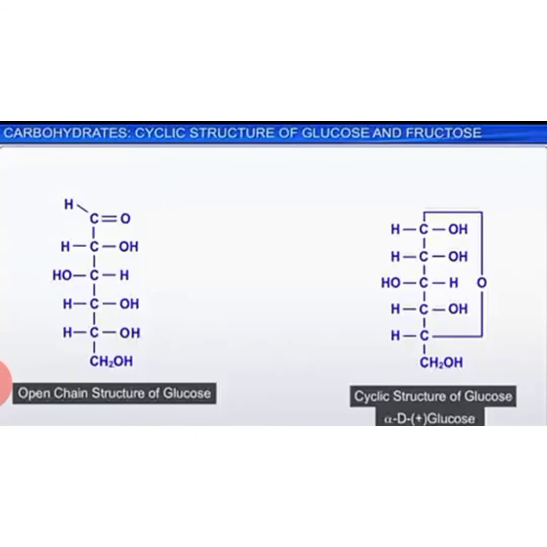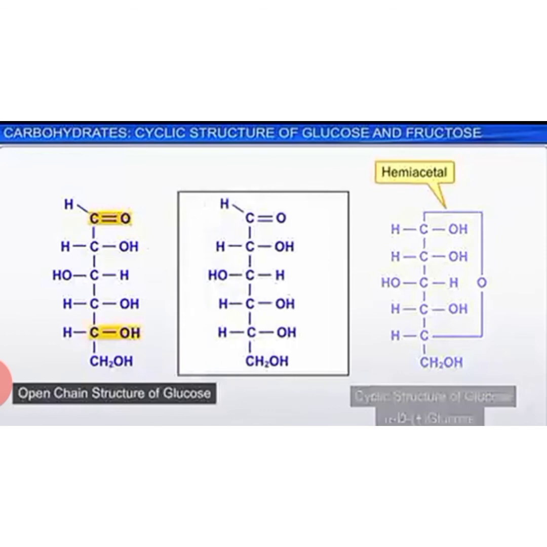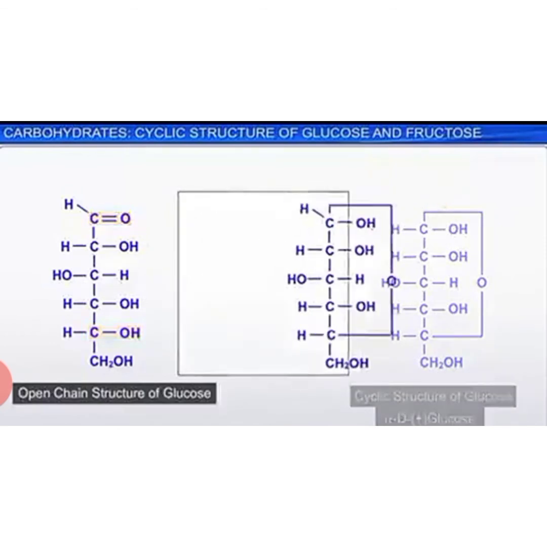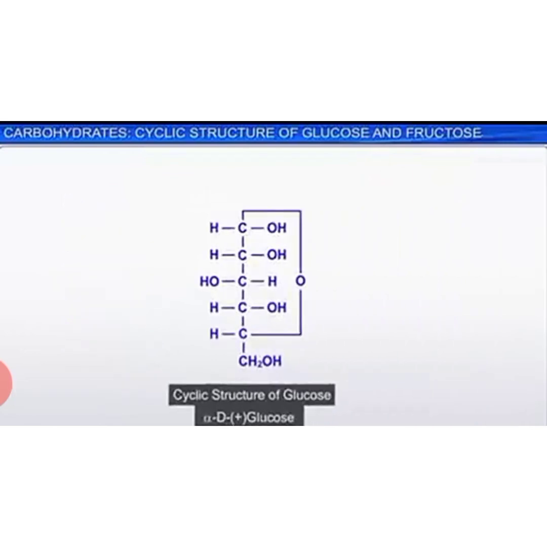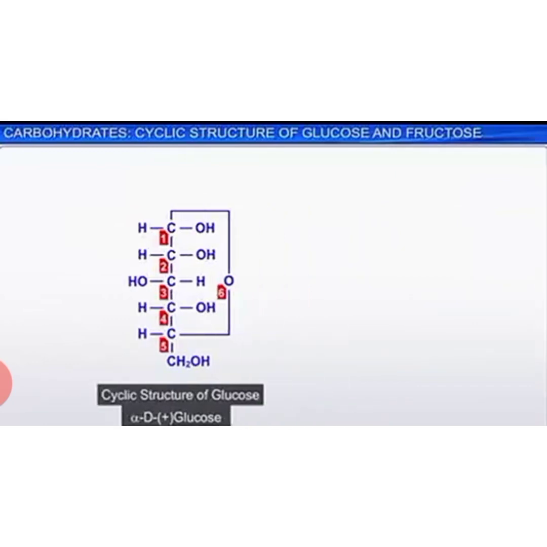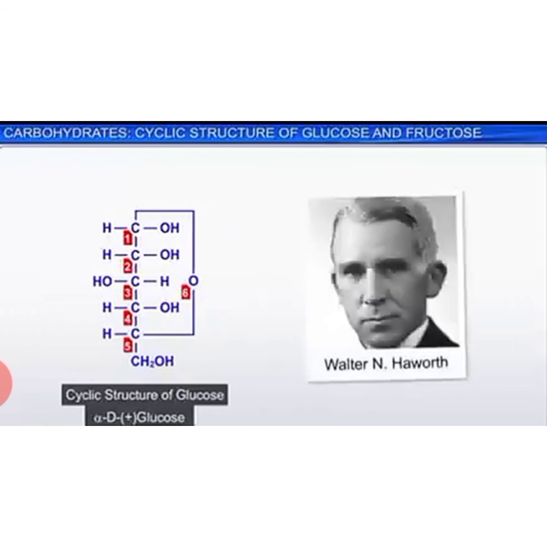The cyclic structure is attributed to the formation of hemiacetal from the reaction between the aldehydic group and the C5 hydroxyl group present within the same molecule. The cyclic structure thus formed is a six-membered ring. This cyclic structure was experimentally elucidated by Hayward and further confirmed by X-ray analysis.